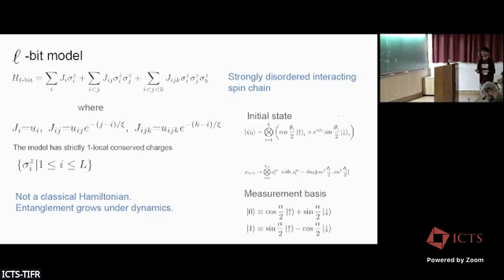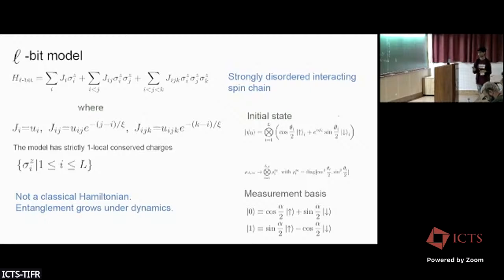For such a state, the density matrix will be diagonal. And our measurement basis is labeled as 0 and 1, but these are not the computational basis. Our computational basis will be labeled as up and down in the z direction. And we can choose any measurement direction, and those will be marked as 0 and 1. They are related to the computational basis by this relation.